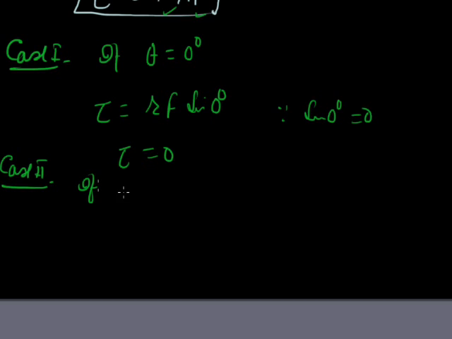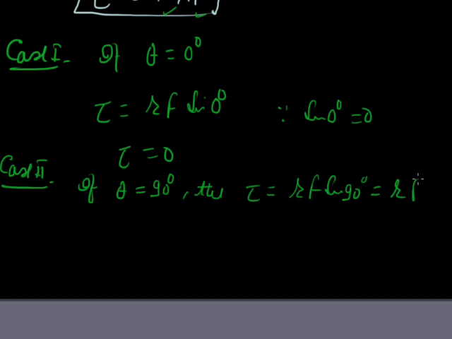Now case 2: if theta is 90 degrees, then tau will be R F sine of 90, that's only R F, the maximum value. Meaning if the angle between R and F is 90 degrees, then torque will be maximum.